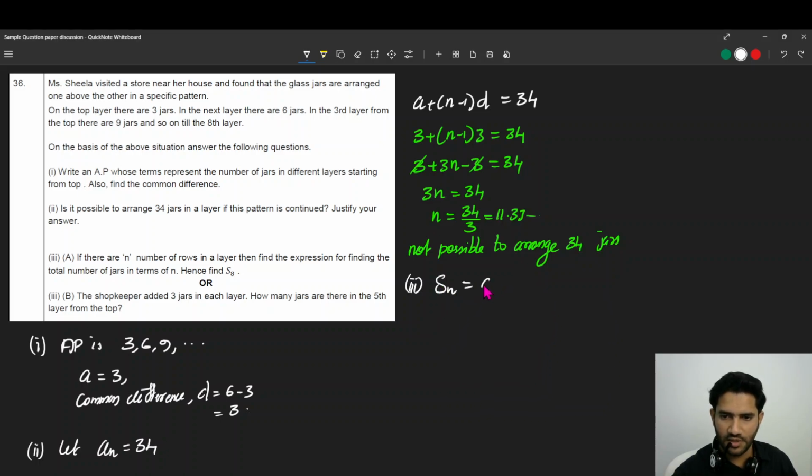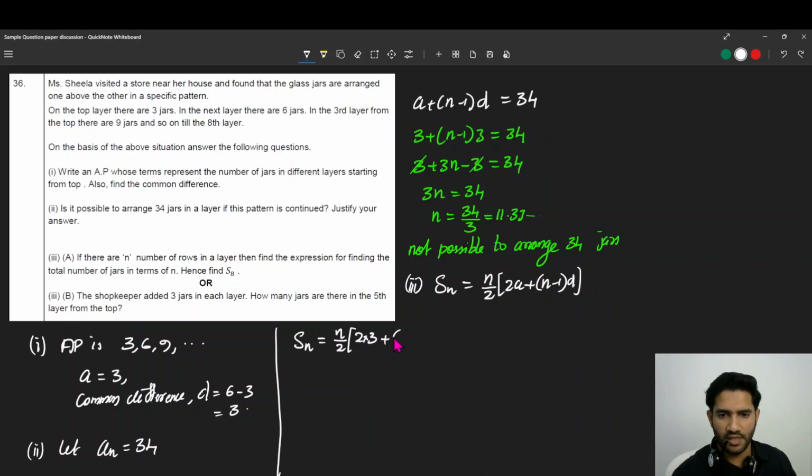So Sn is equal to n by 2, the bracket 2a plus n minus 1 into d. So Sn is equal to n by 2, 2 into 3 plus n minus 1 into 3.